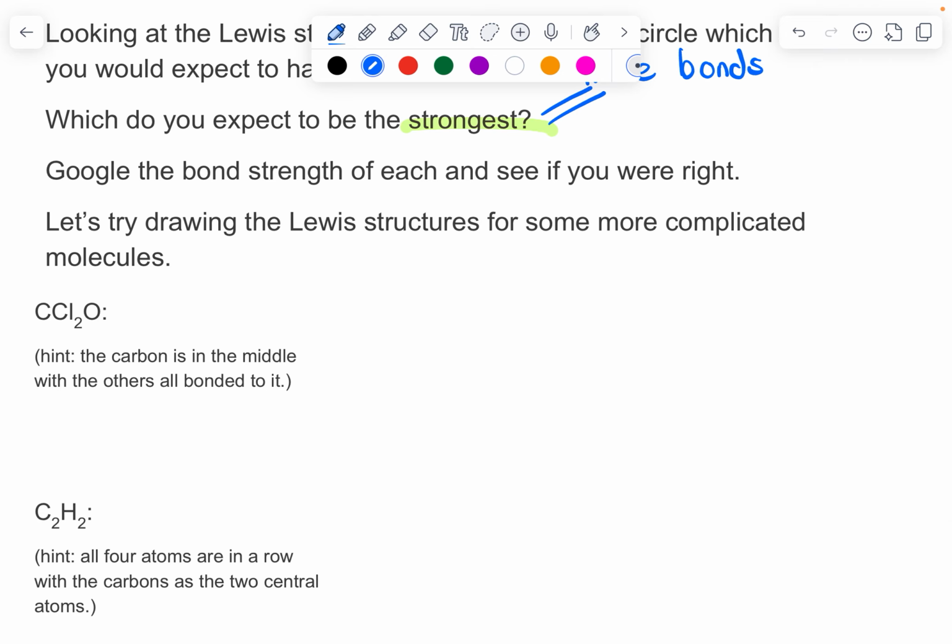Okay, moving on to something even more complicated. Now, we're going to have to tell you most of the time which atom is in the middle or how the structure looks in general. Sometimes I'll give you what I call a skeleton structure. So I will put the elements like this and say the carbon's in the middle and these 3 atoms surround it, or even start to draw the bonds in for you just to give you an idea of what the structure looks like.